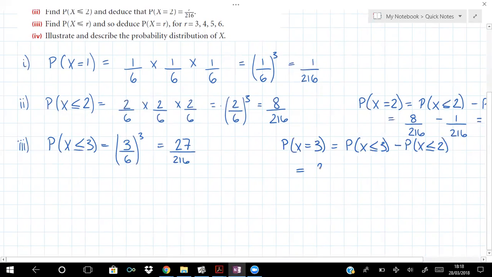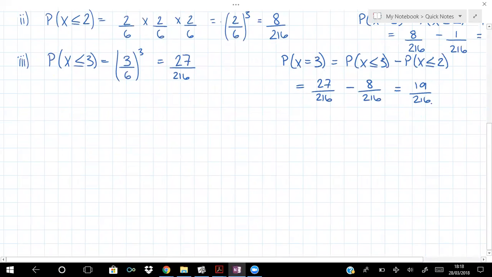So we have 27 over 216 minus 8 over 216, and that leaves me with 19 over 216. Okay, so we do the same thing again. The probability of x less than or equal to 4. Again, there's a 4 in 6 chance for every dice, and we've got 3 dice, and that fraction would simplify to 8 over 27.